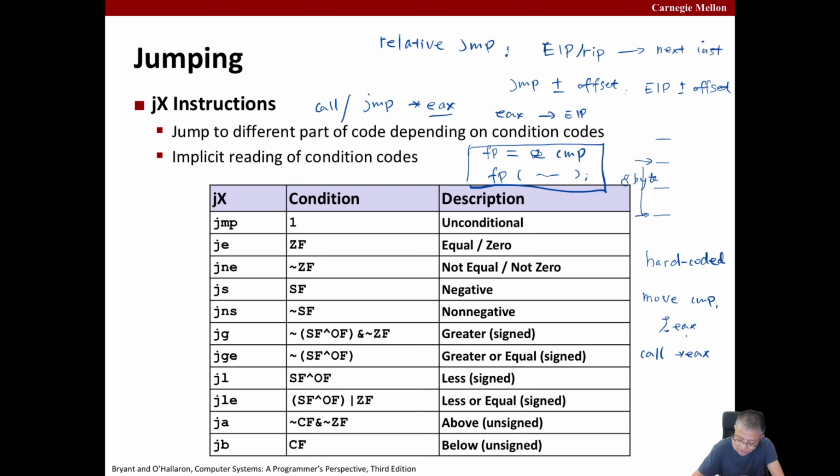Of course, you need to load the parameters in between. So with this kind of structure, the destination is in a register. If the attacker can override this register, then it can control the control flow. It can take over the EIP.